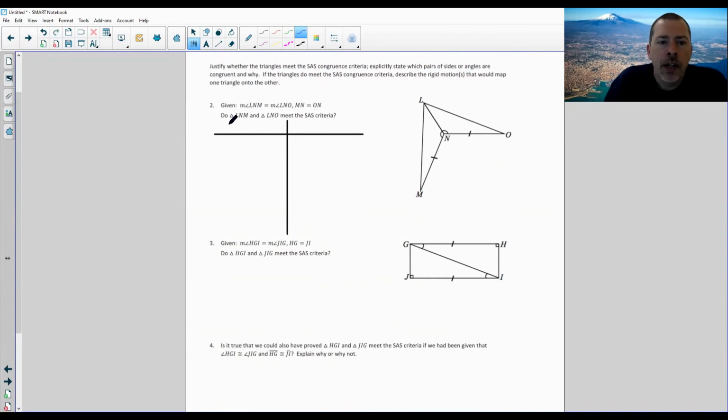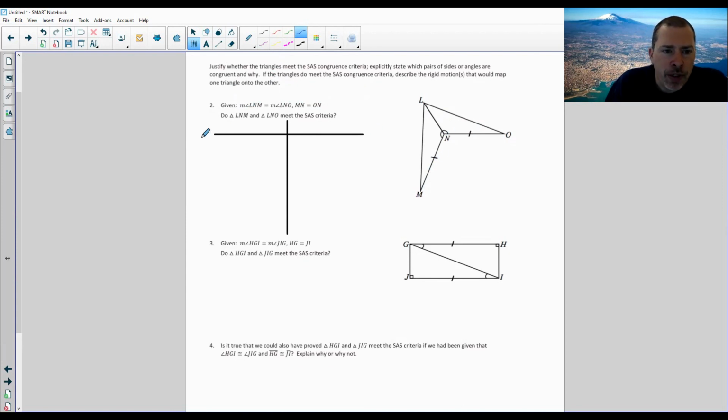So number 2 says, given the measure of angle LNM, marked right here, is congruent to the angle measure LNO. So in diagrams, they don't always give you the givens marked. So the first thing you should always do is label your diagram with the givens. They've done that for us here. And they've also said side MN equals ON. MN, ON, one mark, one mark.